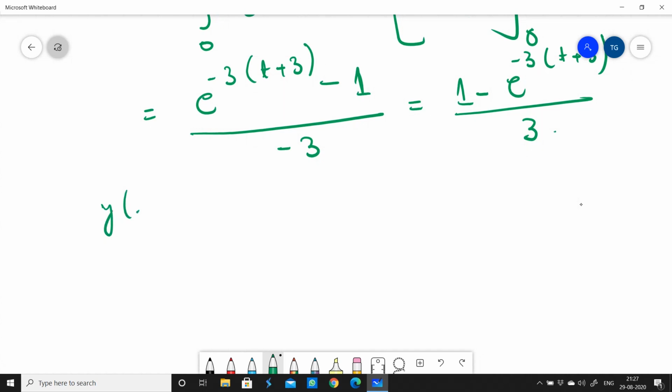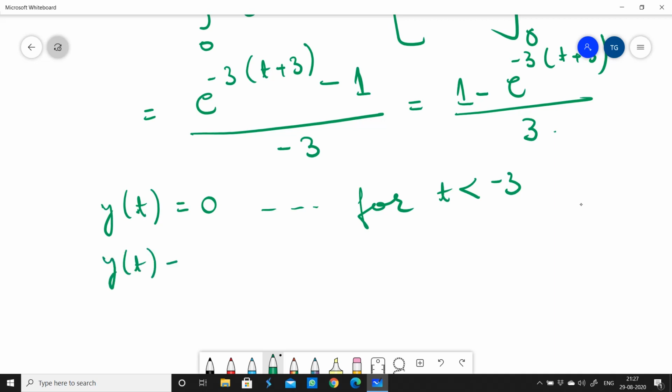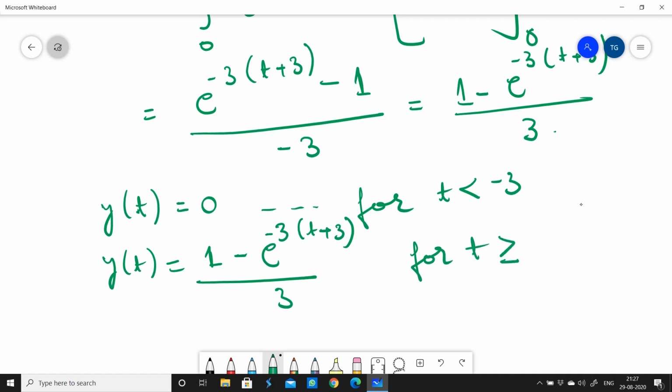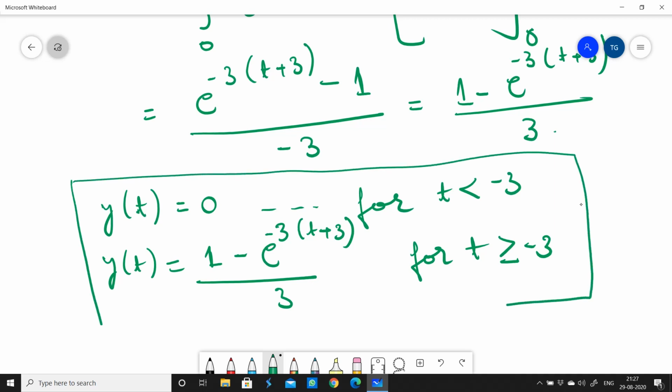Therefore, y of t is equal to 0 for t less than minus 3, and y of t is equal to 1 minus e to the power minus 3 (t plus 3) upon 3 for t greater than or equal to minus 3. So this is the solution for convolution of these two signals.